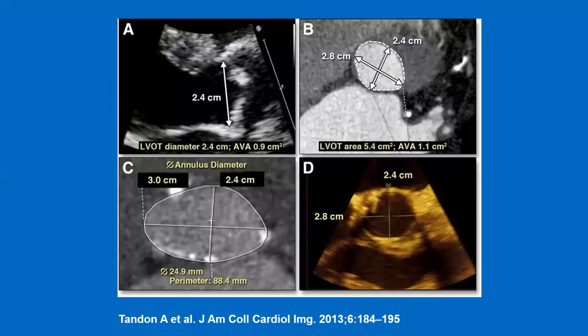This is an example of a patient who was diagnosed with severe aortic stenosis based on an LVOT diameter of 2.4 centimeter, correctly measured at the point of implantation of right and non-coronary cusp. In the same patient, the CT measurement of LVOT area gave an aortic valve area in the moderate range of 1.1 centimeter square.